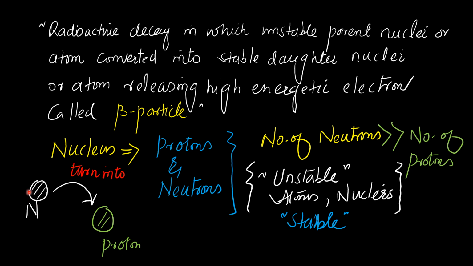When the neutron turns into a proton, highly energetic electrons are released, and these electrons are very fast moving and have very high energy. These electrons are known as beta particles.